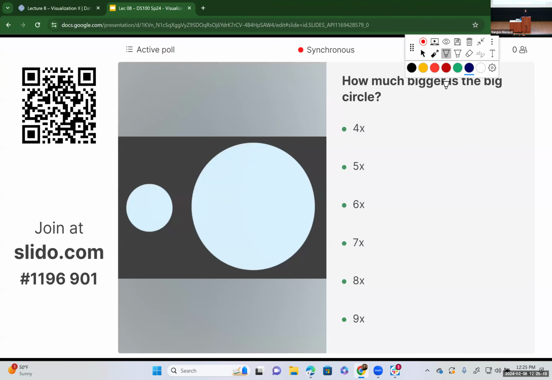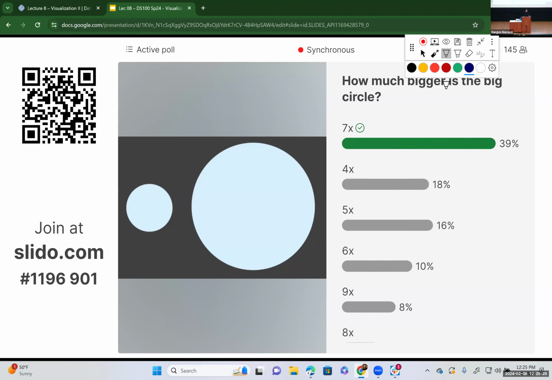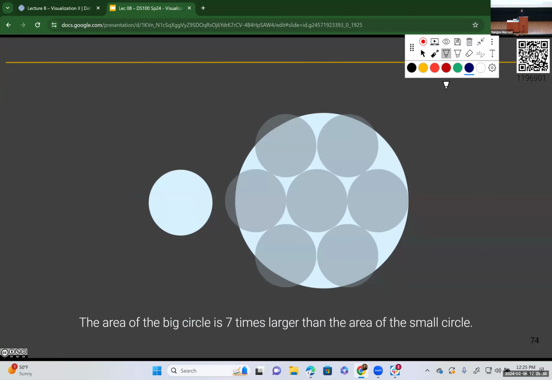All right, let's see. Oh, was there no response? Sorry, I revealed the response, but now you know it's 7 times larger. It was supposed to be not so trivial, but you get the point. Understanding length is much easier than understanding area.